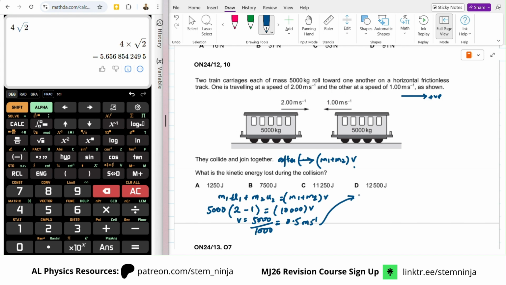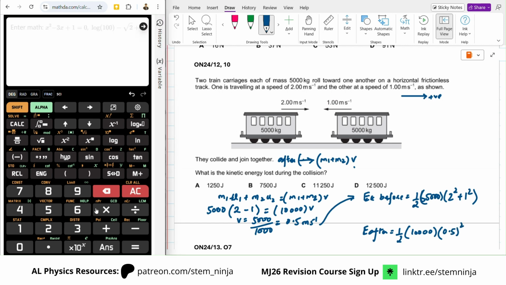So kinetic energy, now we need to see what the kinetic energy is. So EK before is half, masses are the same, so 5,000 times u squared plus v squared, and EK after is half, masses are combined, so 10,000, and 0.5 whole squared. So you just need to figure out the difference.